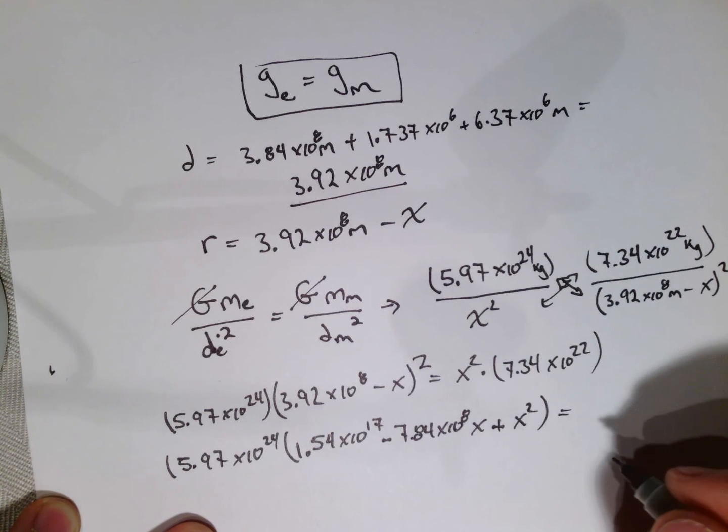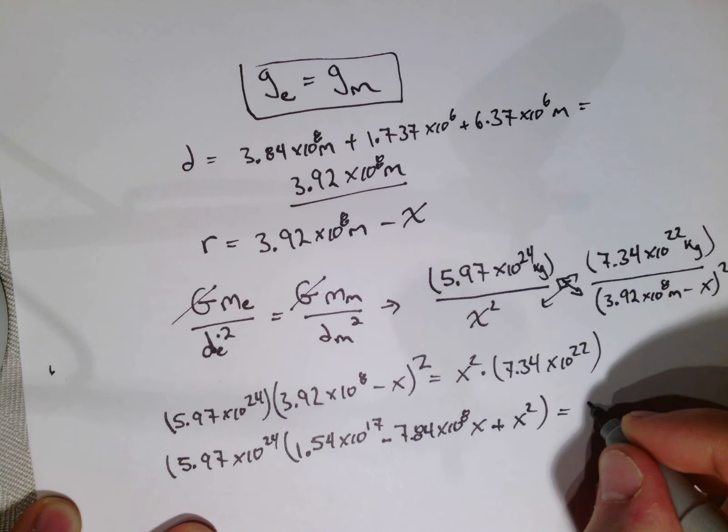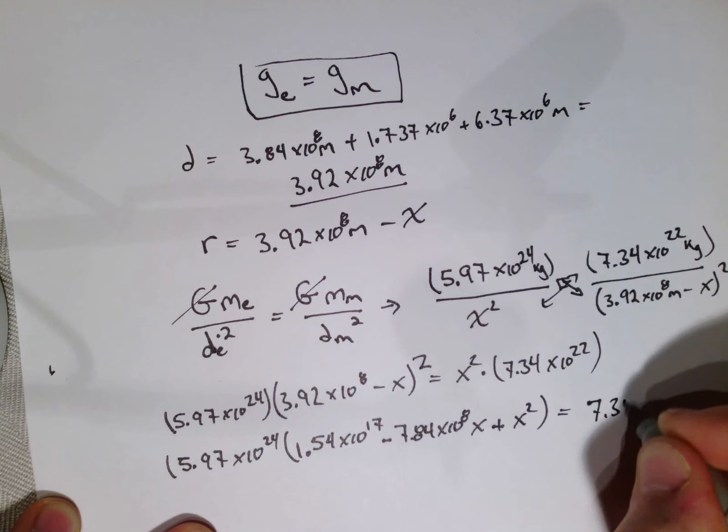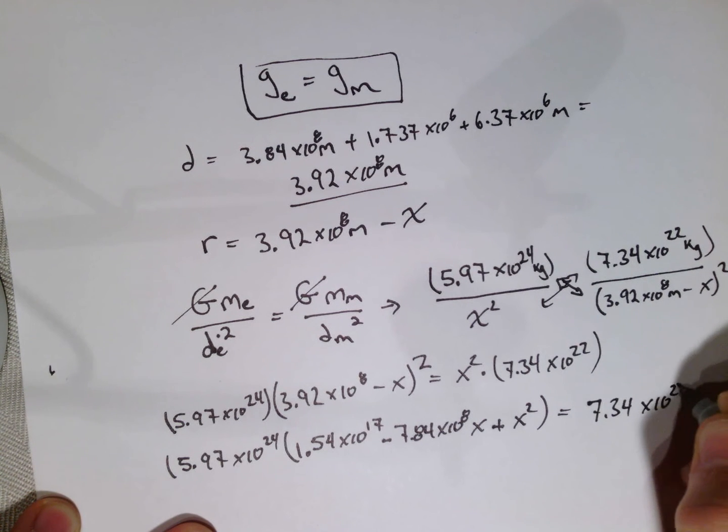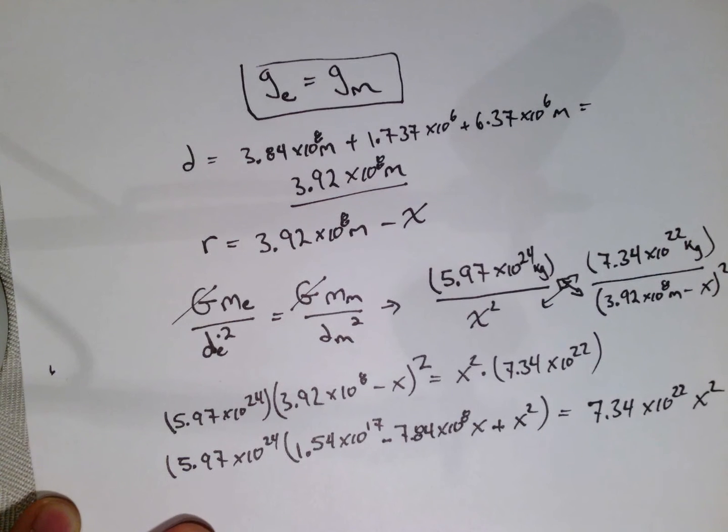And of course that's equal to the same old thing on the other side. 7.34 times 10 to the 22 x squared.